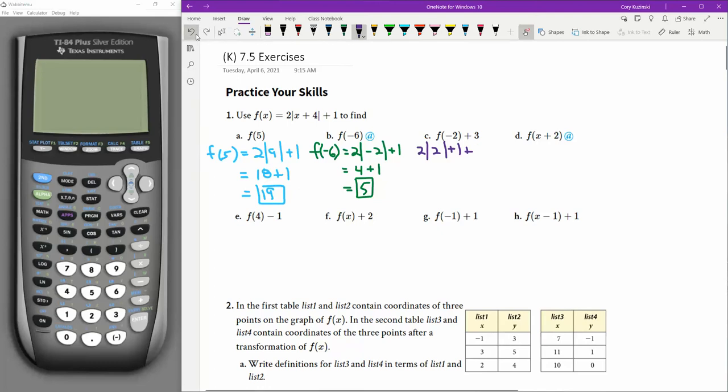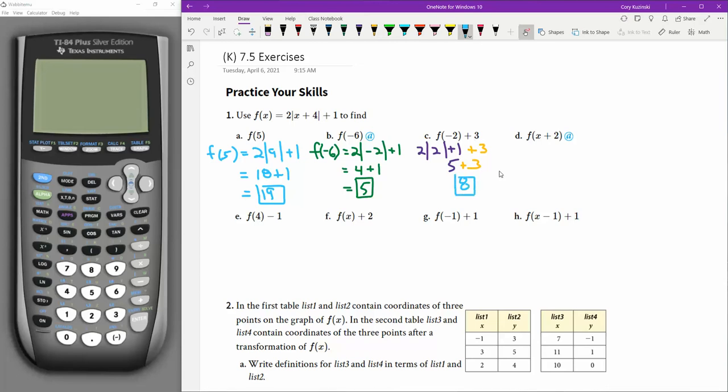In fact, let's even color code it. We'll do this out here. All right, so there's f of negative 2. So that's going to be 2 times 2 is 4, plus 1 is 5. And then when we add 3 to it, we get our final answer of 8.